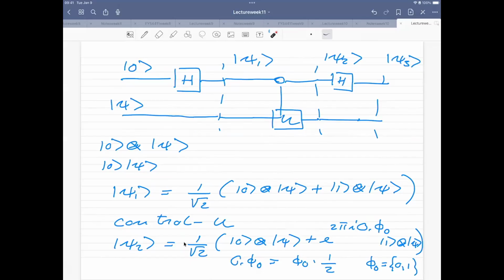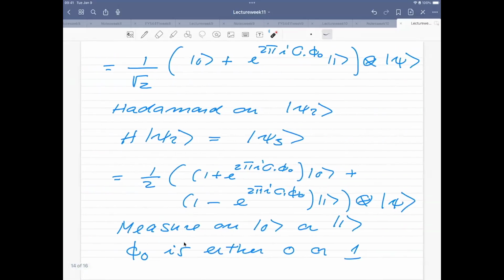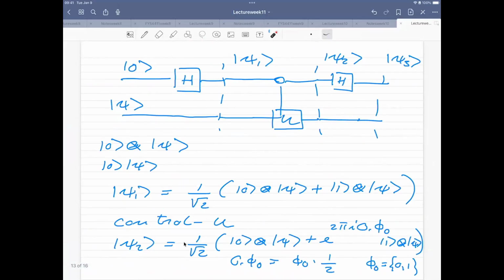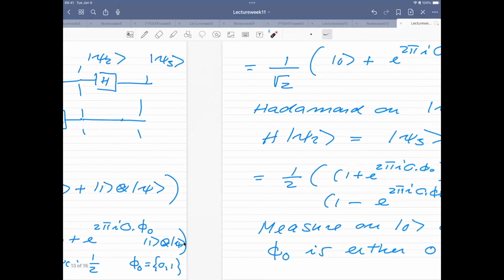But the thing here is that when you look at this operation, it actually separates. So the whole thing just applies to the controlled qubits. The mathematical structure is such that you can separate out the control qubits and the system qubits.